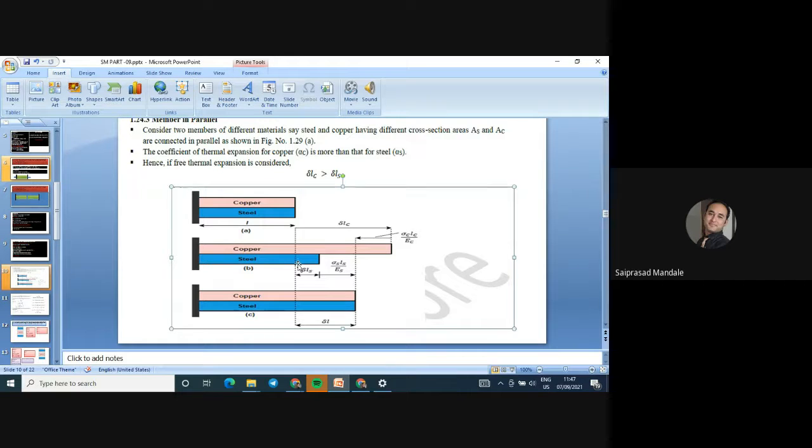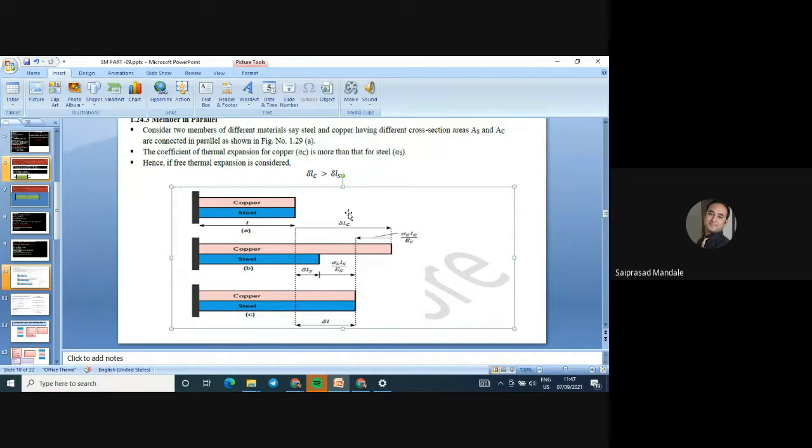Now, in order to come to the thermal equilibrium, steel will pull that copper backward. Actually the copper has to elongate by that much distance, from this to this distance.